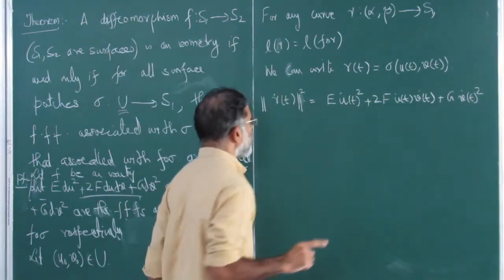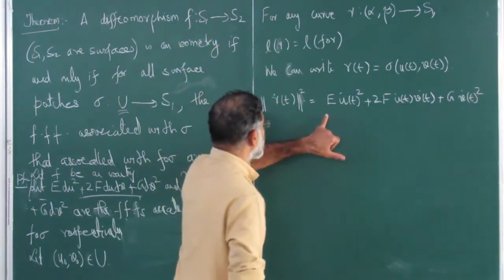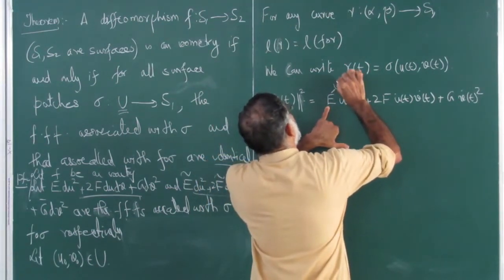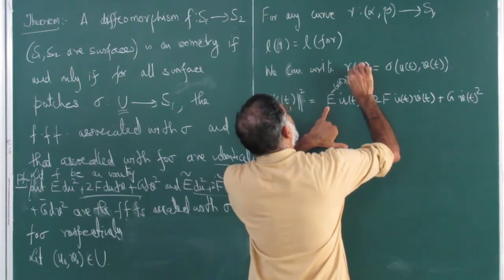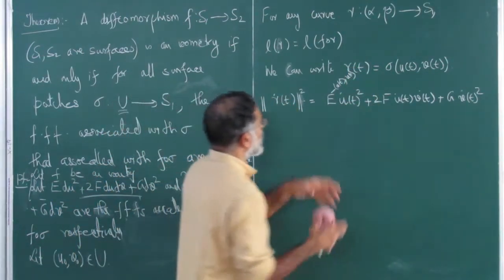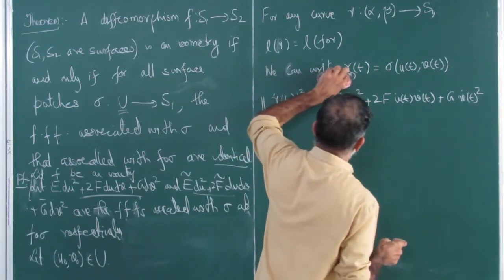I have to caution you about one thing. When I write like this, it means E is evaluated at u(t), v(t). This is to be understood, though I have not written it. For every t, E is not a constant.